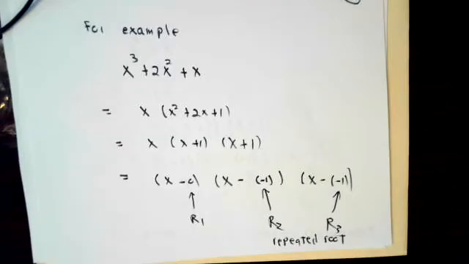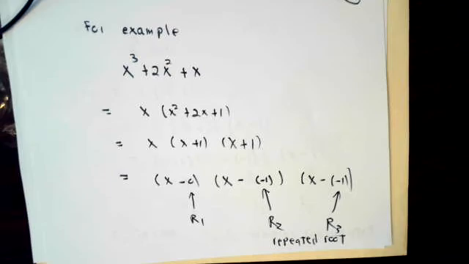For example, x cubed plus 2x squared plus x can obviously be written as x multiplied by x squared plus 2x plus 1, which in turn can be written as x times x plus 1 times x plus 1. If you wanted to be picky about it, you could write that as x minus 0 times x minus negative 1 times x minus negative 1.